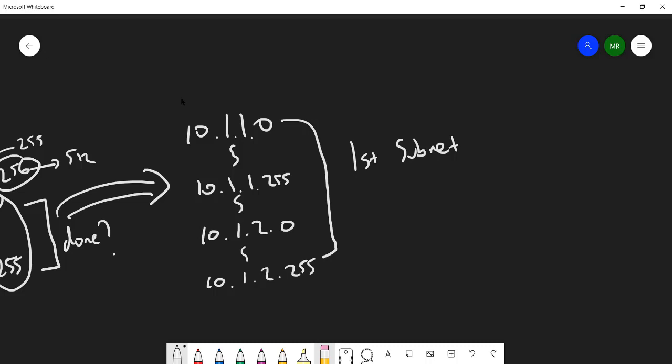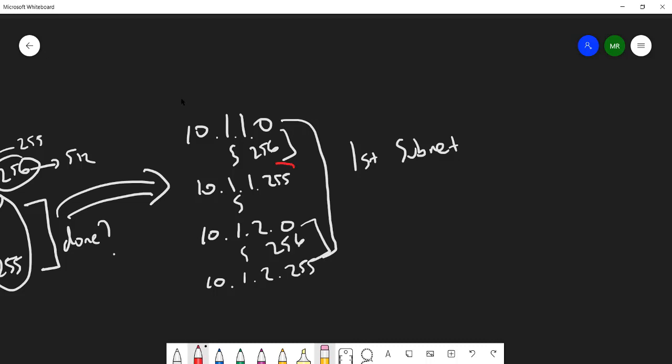So we add another one, 10.1.2.0 up to 10.1.2.255. And the IP range is complete.